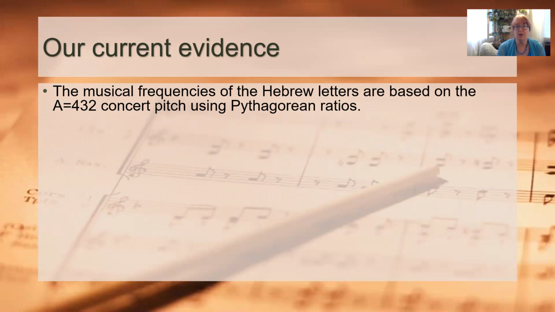Remember what I said before: Pythagorean ratios are the natural ratios found within the Earth, the Earth's atmosphere, within everything that we see where we are.